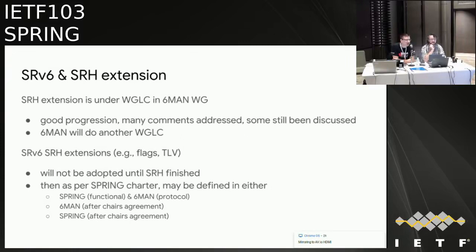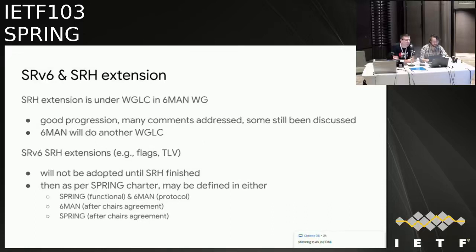From my understanding, it's supposed to be resolved by December, and then 6-man will do another working group last call. The 6-man chairs would like to wait for this document, the SRH extension, to be fully defined before we can consider SRv6 extensions.